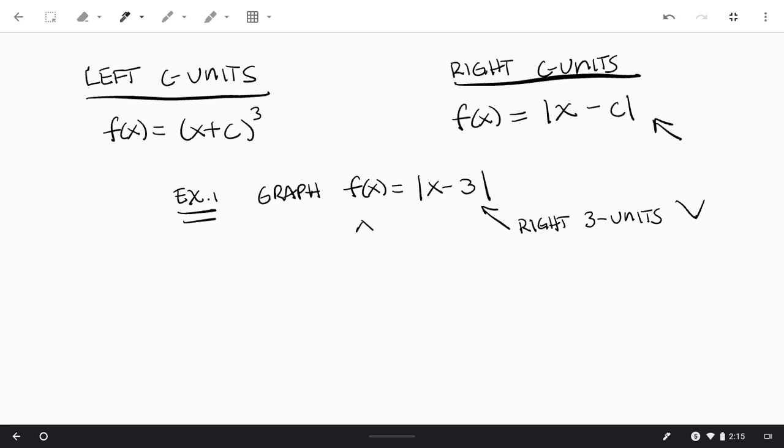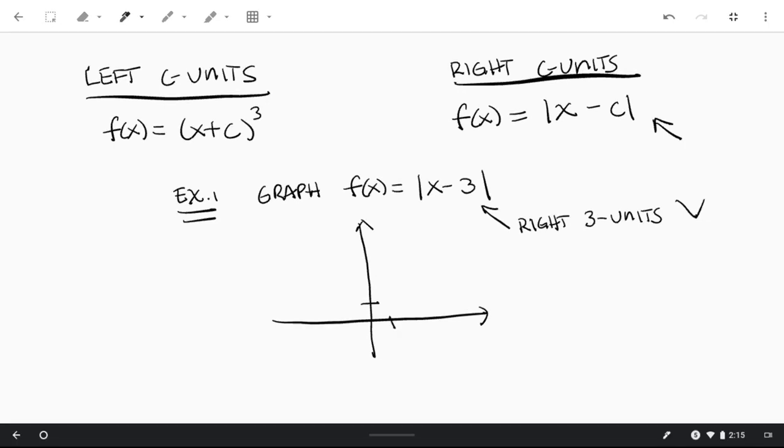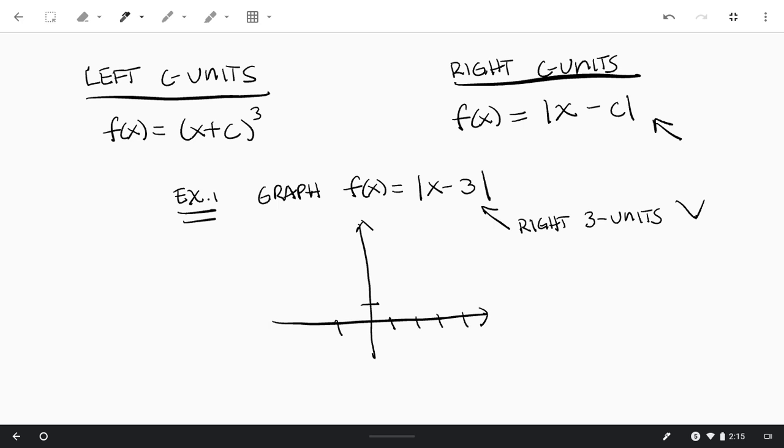All right, so let's go ahead and graph that. If you recall the 3 points for absolute value, we have one at 0, 0, 1, 1, negative 1, 1.